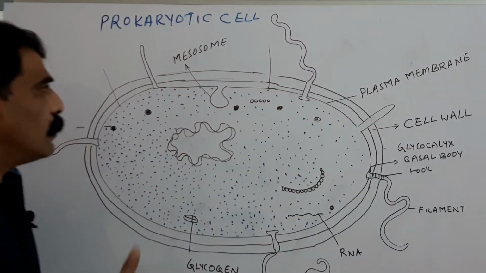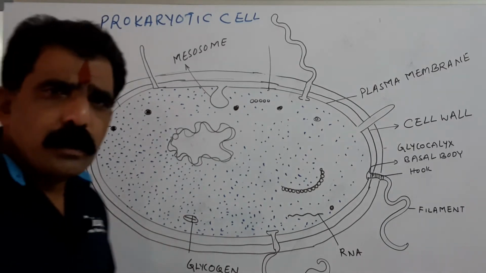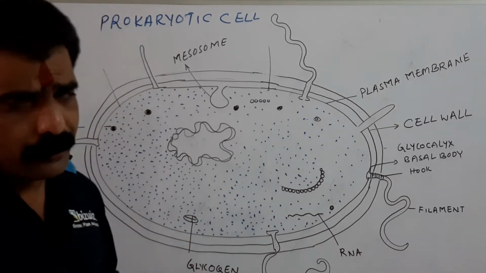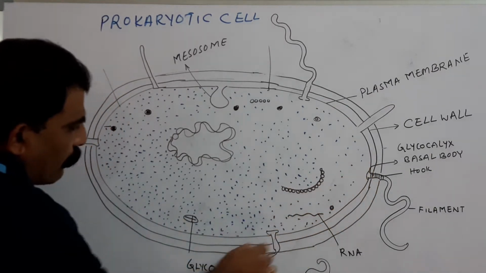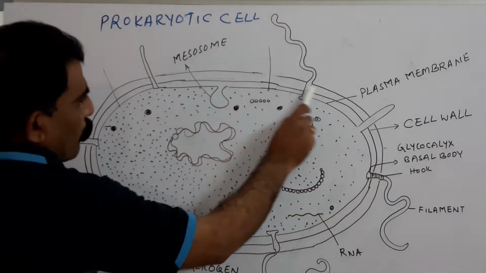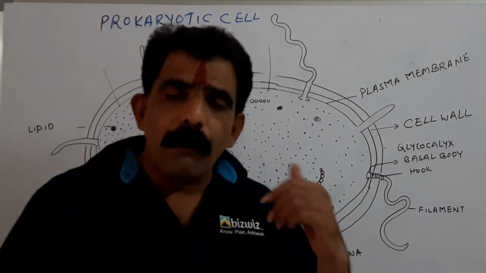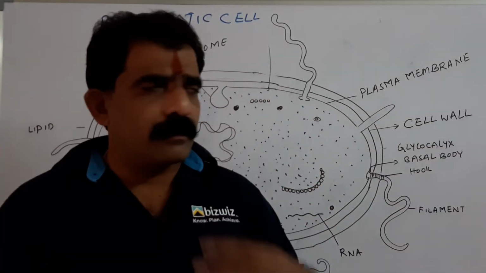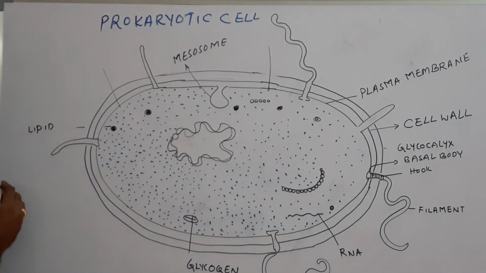Here, this is a prokaryotic cell. The prokaryotic cell consists of a cell envelope. All this, the border, is the cell envelope. The cell envelope is made up of 3 layers. Very clearly seen, I have drawn 3 layers. So, what are they?